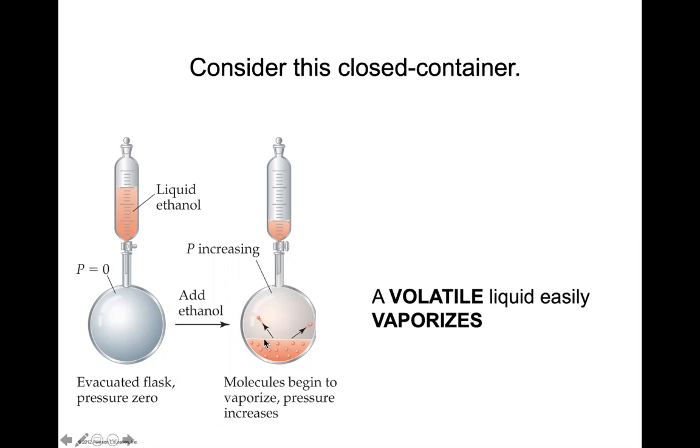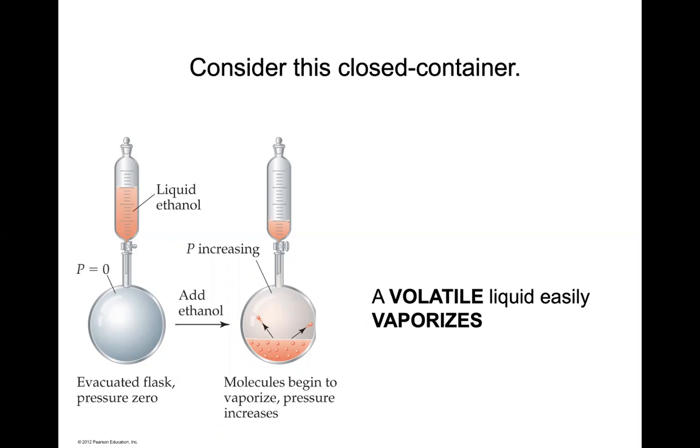This ability of a liquid to go from the liquid to the gas, the more easily that happens, we call that a more volatile liquid. A more volatile liquid more easily vaporizes. It more easily goes from the liquid to the gas. An example would be fingernail polish or acetone, something like that.